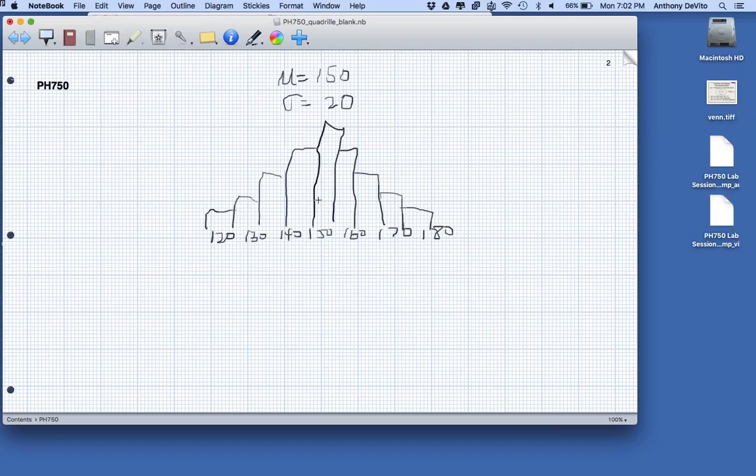So in general, when I have a variable that I expect to be normally distributed, I expect the most common outcomes to be somewhere around the middle, with the number of subjects that satisfy that criterion diminishing as we go further and further away from the mean, the average value.